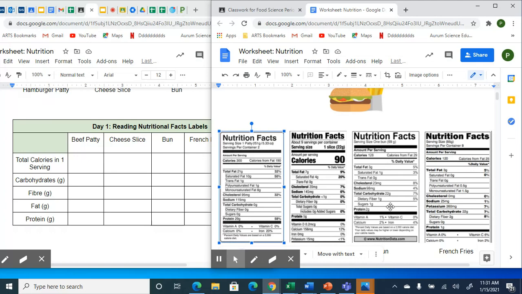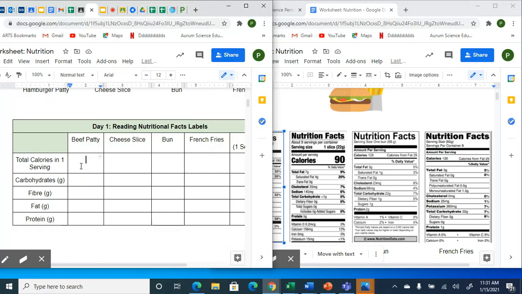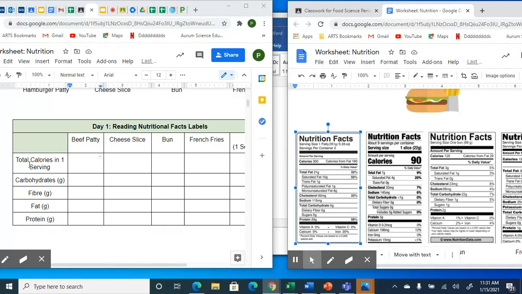Oh, Mrs. Cole, you missed it altogether. All right, so, let's move it over. So, total calories in one serving is 300. Do you see it right there? But serving size, one patty.